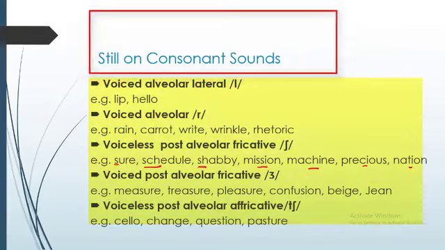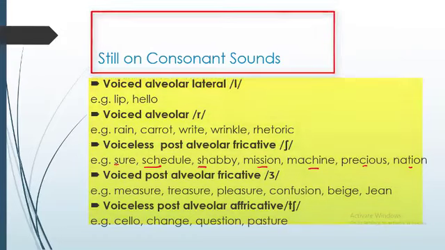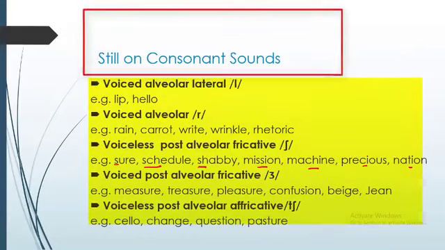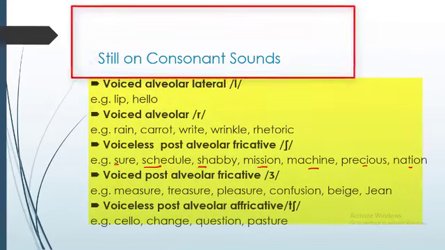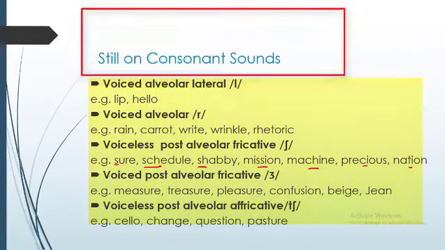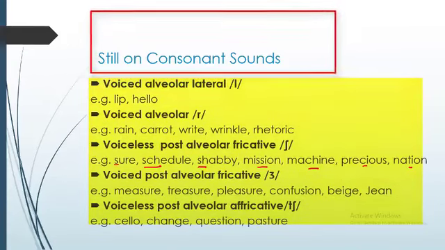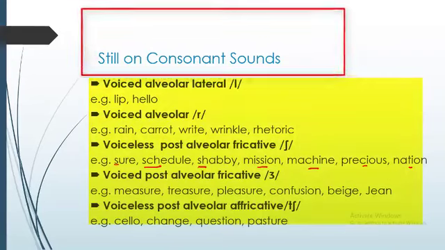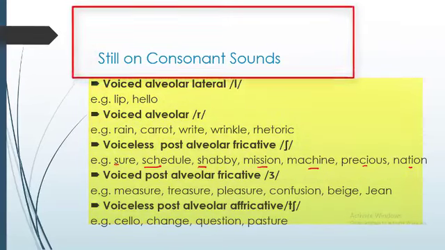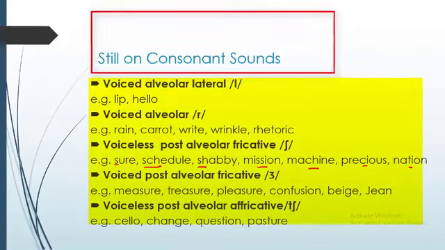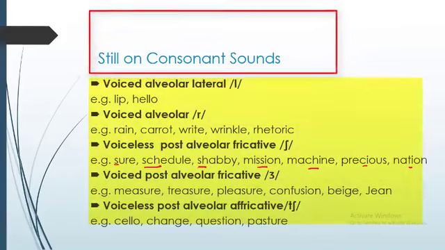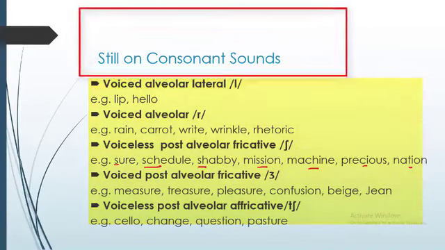Then we have the voiced post-alveolar fricative consonant sound. Measure, treasure, pleasure, confusion, beige. Then we have ch. It's a voiceless post-alveolar affricate consonant sound.